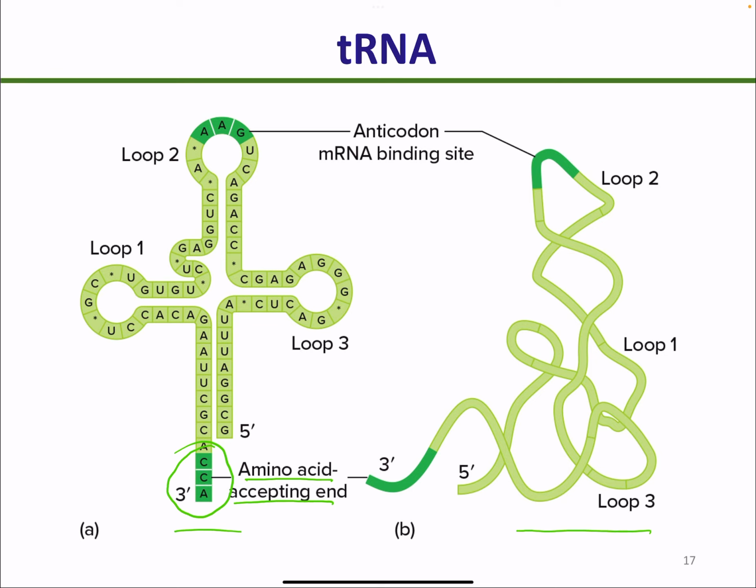Okay? The amino acid attaches at the extremity 3', while there is an area right here that is what we call the anticodon. That anticodon is what is going to bind on the messenger RNA, right? So remember that the two codons have to be complementary, right? All right, with that said, you have a visualization, right, of what this system is going to be.